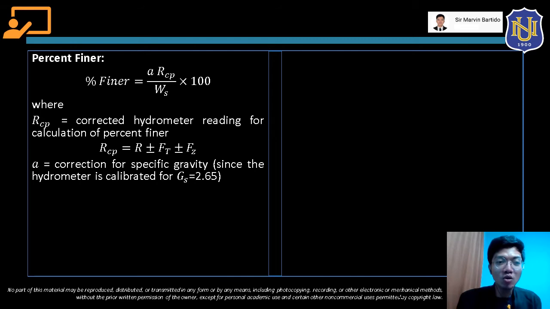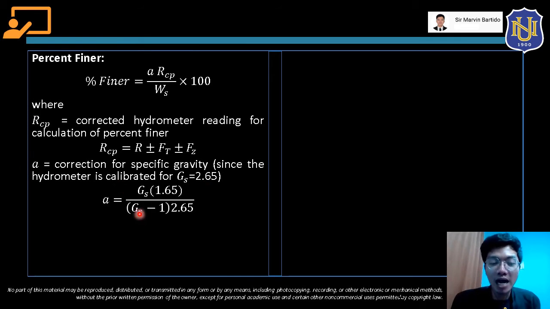Okay. And then yung A naman, ito yung correction for specific gravity. So kung yung soil sample na gagamitin natin, yung specific gravity niya is not 2.65, kailangan nating applyan ito. So yung formula natin para makuha ito ay G sub S times 1.65 over G sub S minus 1 times 2.65.